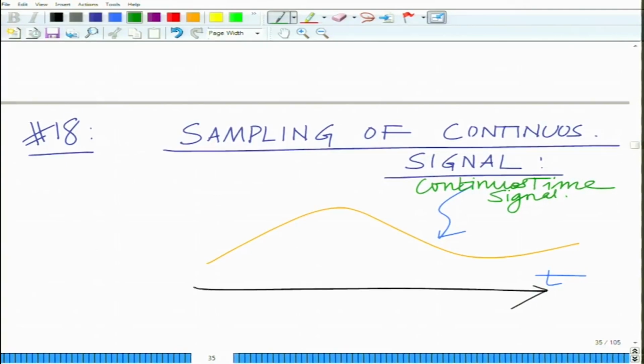Now, before converting it to a digital signal, we would like to convert it into a discrete time signal. To convert this continuous time signal into a discrete time signal, we have to extract the values of the signal at discrete time instants, which are regularly spaced.